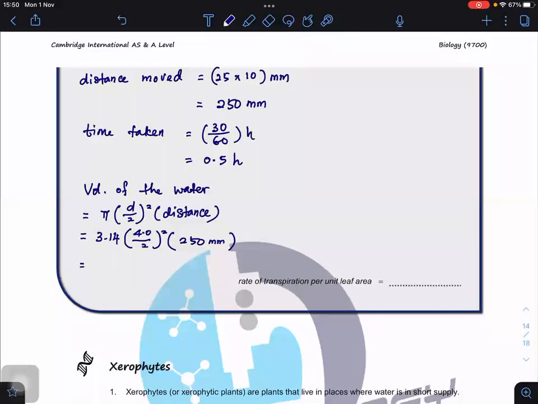Calculate, and you get the volume of the water uptake. To 3 significant figures, 3.14 multiplied by 4 divided by 2 squared, multiplied by 250, is 3140 mm cube.